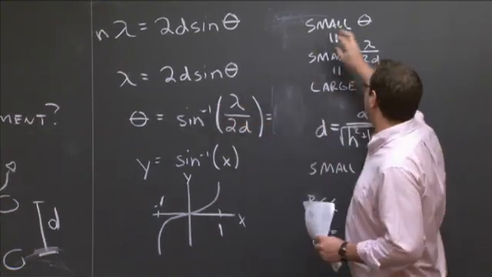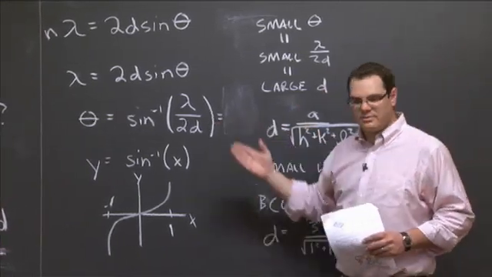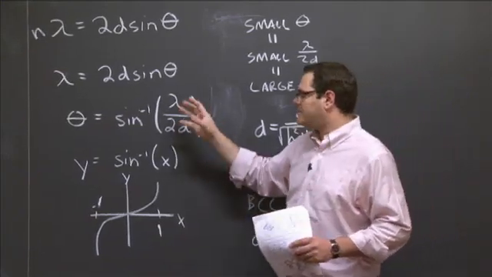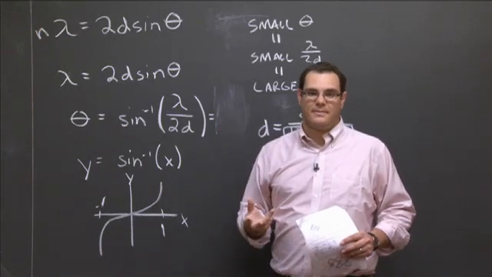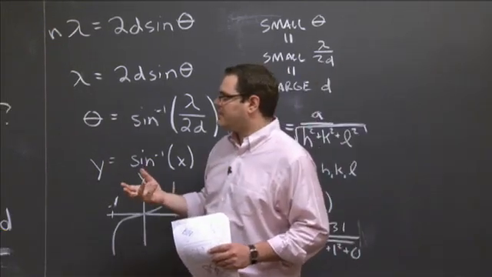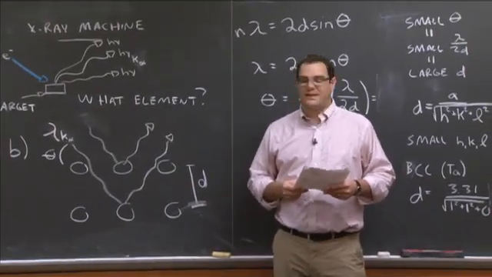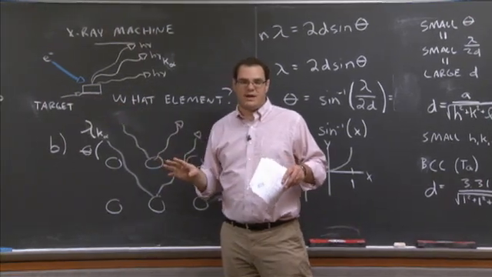And the way you do that, small theta means small lambda over 2d, which means you want to have a large d. And the reason I'm not using lambda, the wavelength, as a knob is because lambda is set. Lambda is predetermined by the target material you've chosen. So for our problem, we have titanium as our target material, which means we can't change the lambda K alpha.